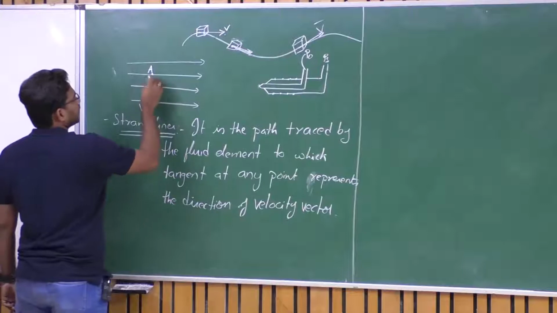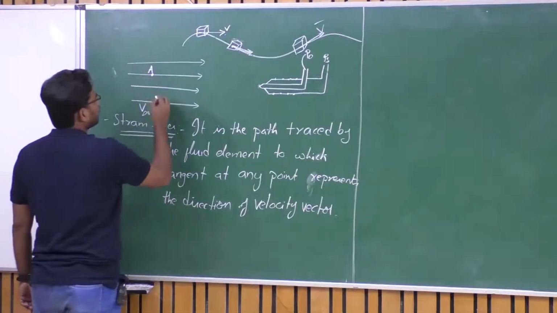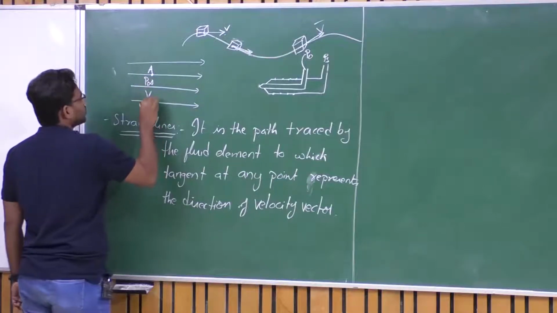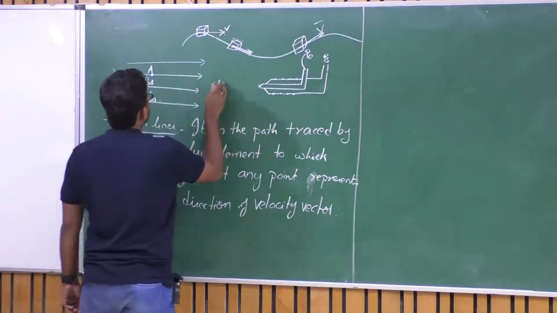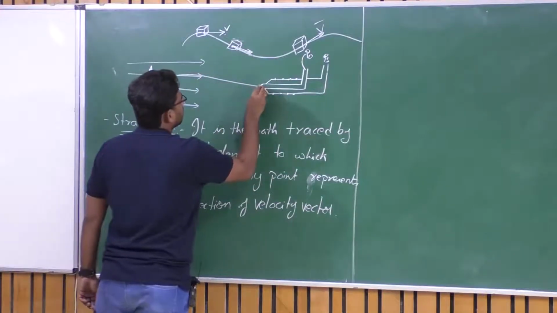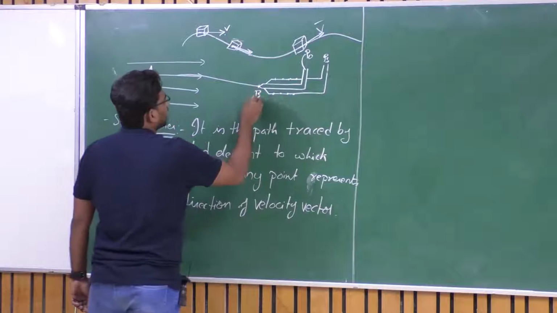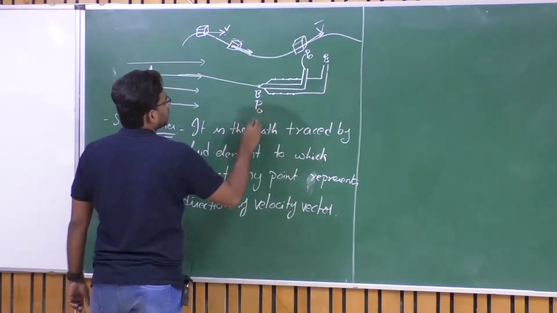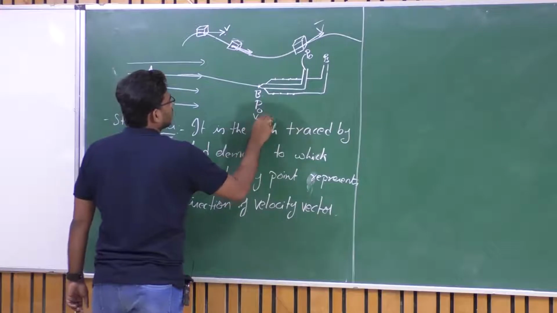So the incoming fluid element, which is at point A, has these free stream conditions with pressure P infinity and velocity V infinity, and is brought to rest isentropically at point B, called the stagnation point, where the corresponding pressure is P naught and the velocity is 0.